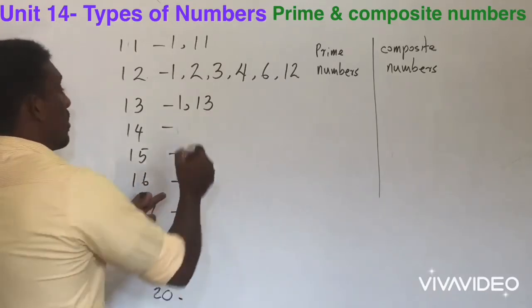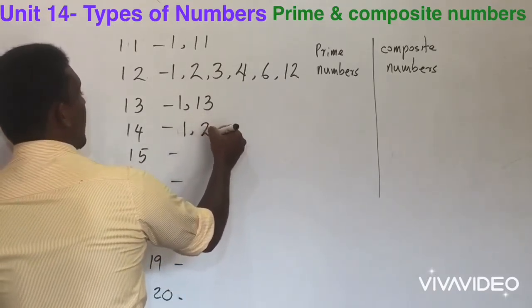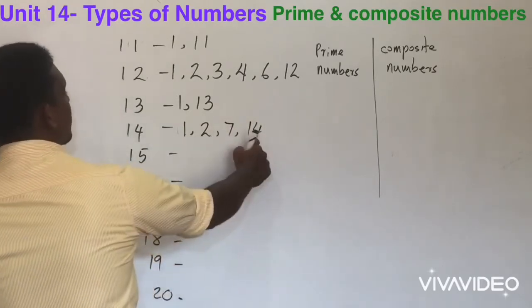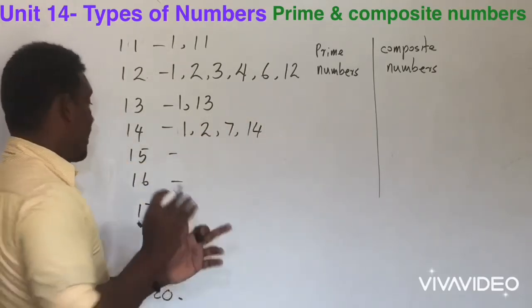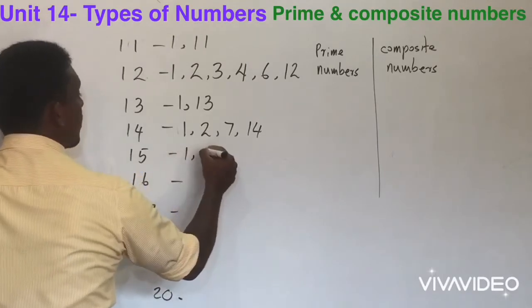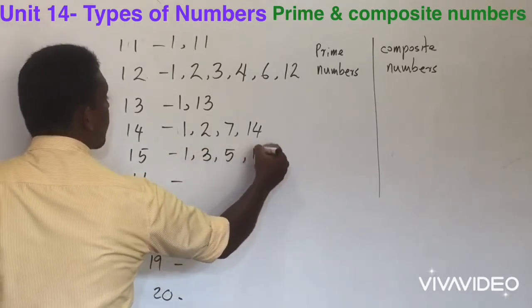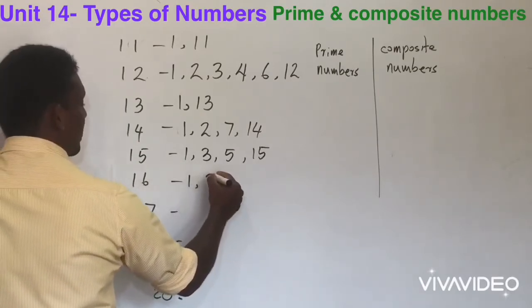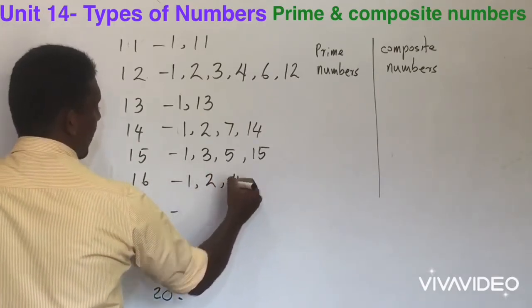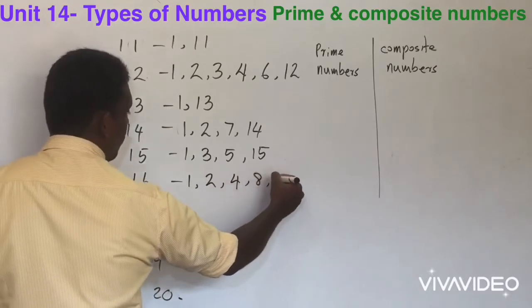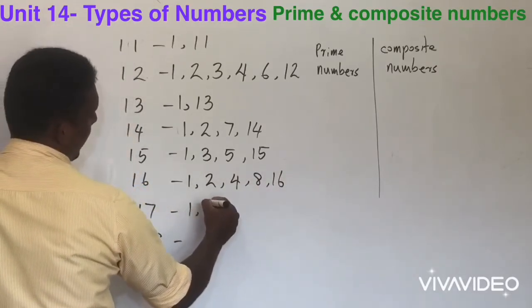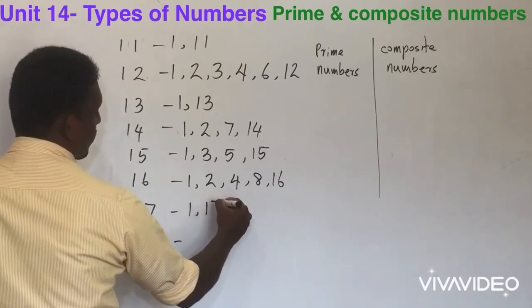Then 14, it's divisible by 1, then 2, and 7 and 14. These are the factors of 14, only 4 factors. Then 15: 1, 3, 5, 15. Then 16, it's divisible by 1, 2, and also by 4 and 8, finally by 16. Then 17 also has only two factors.